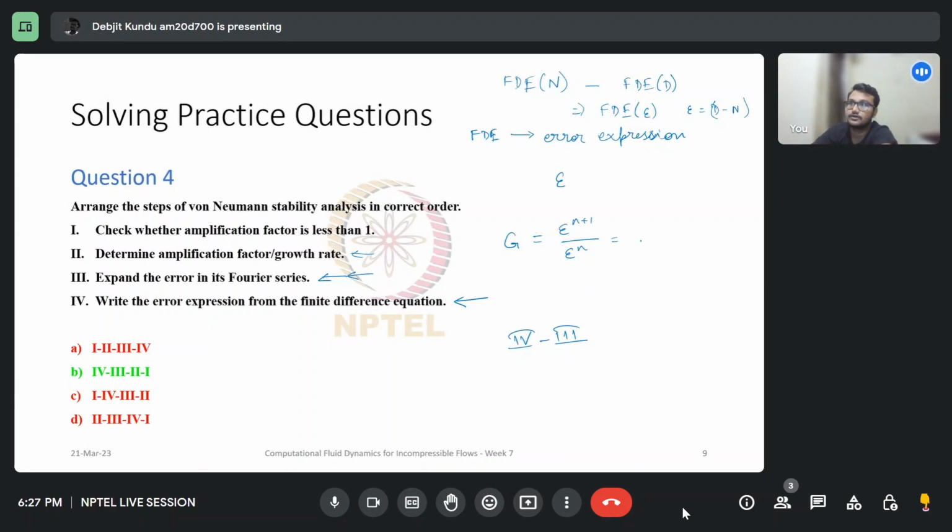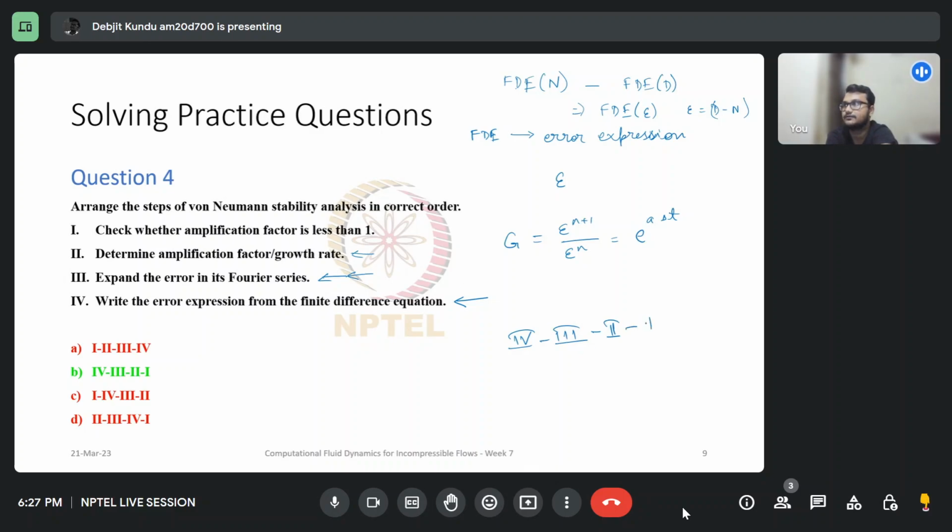This also comes out to be e to the power a delta t, where if a is positive, then this term is greater than 1 and it grows with time, right? So this would be the third step, which is step 2 in the options given.